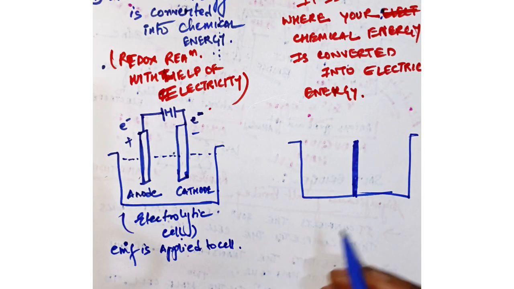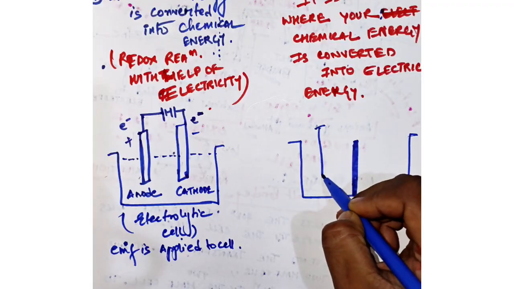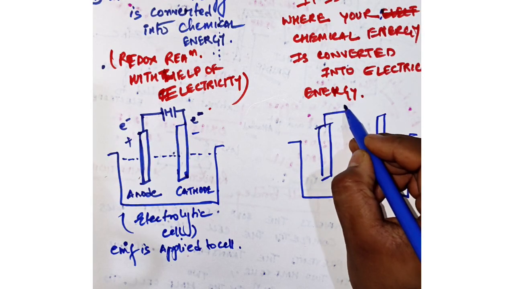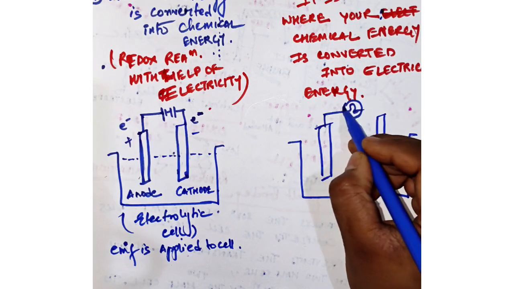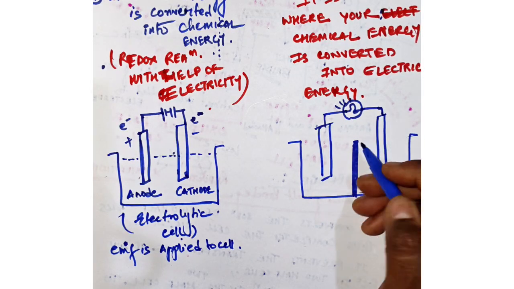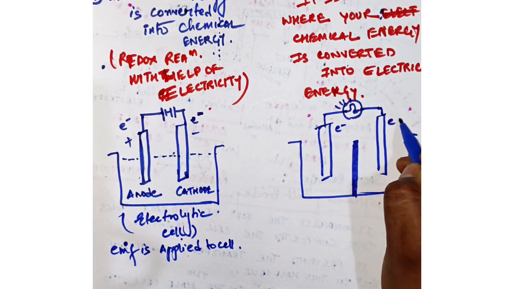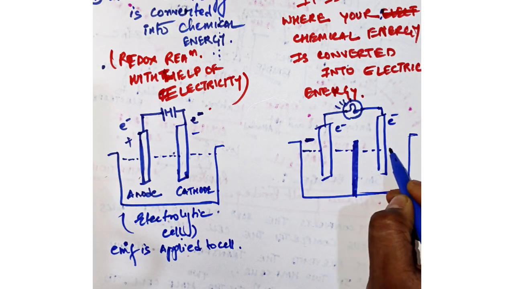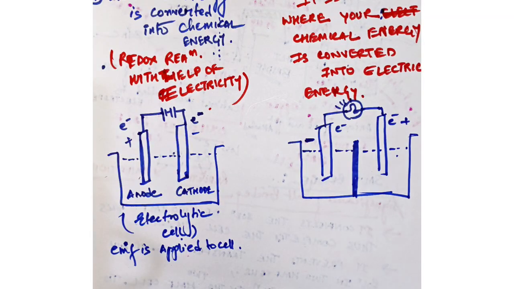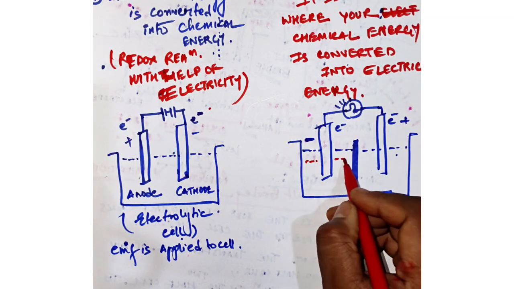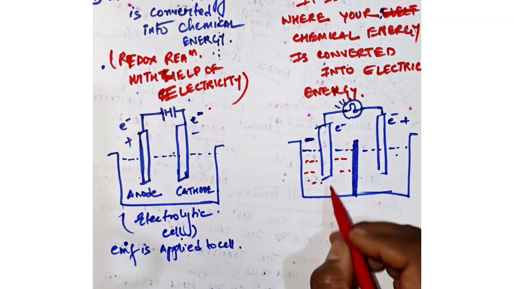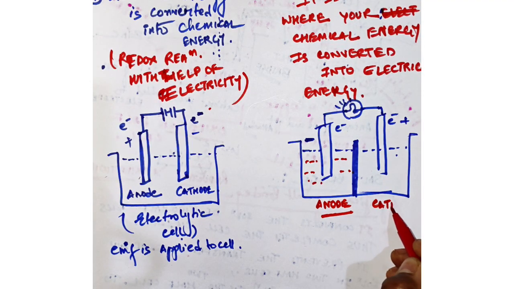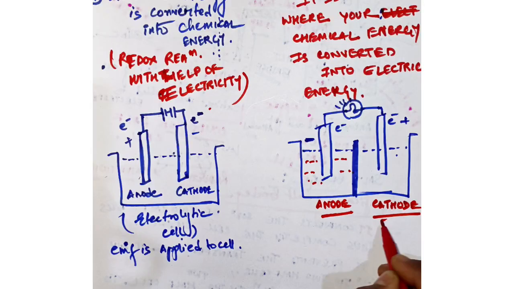So here also there are two electrodes. This is the negative electrode. This side is your positive electrode. The negative electrode is called the anode, and the positive electrode is called the cathode.